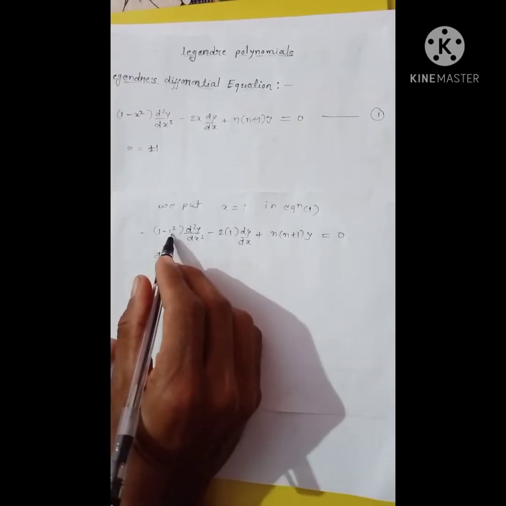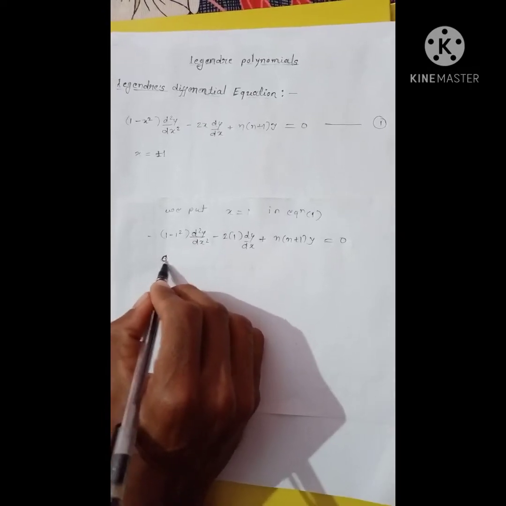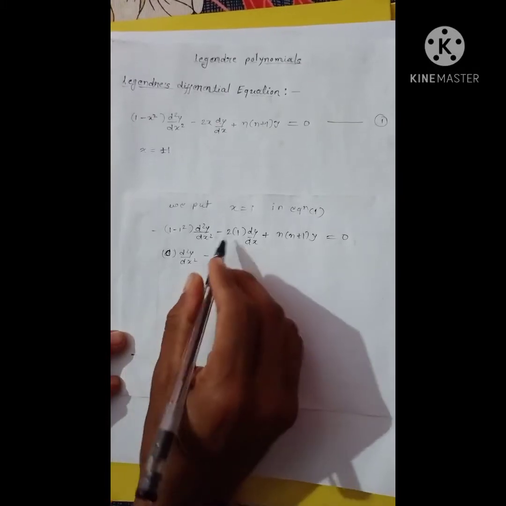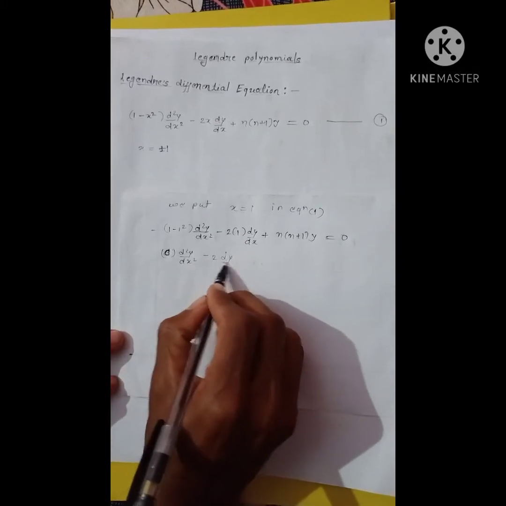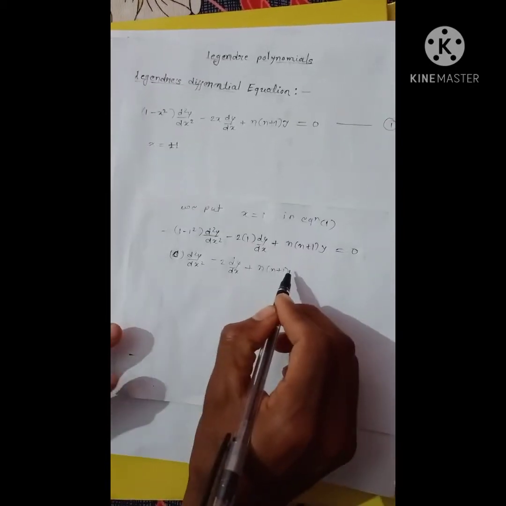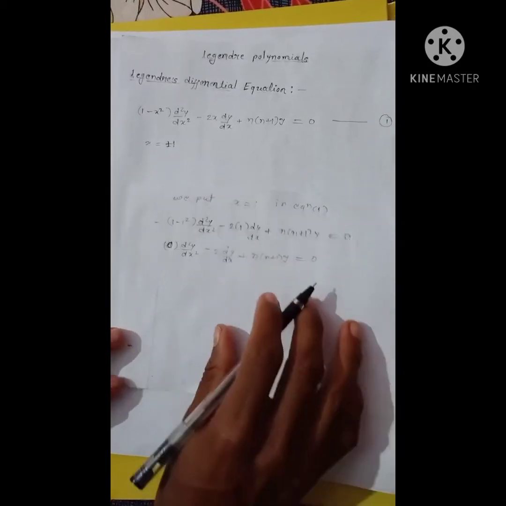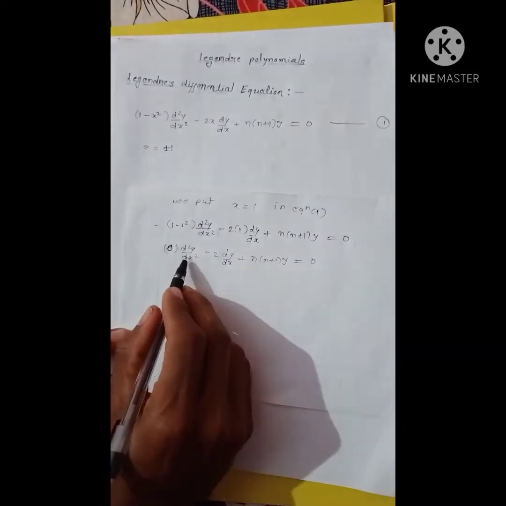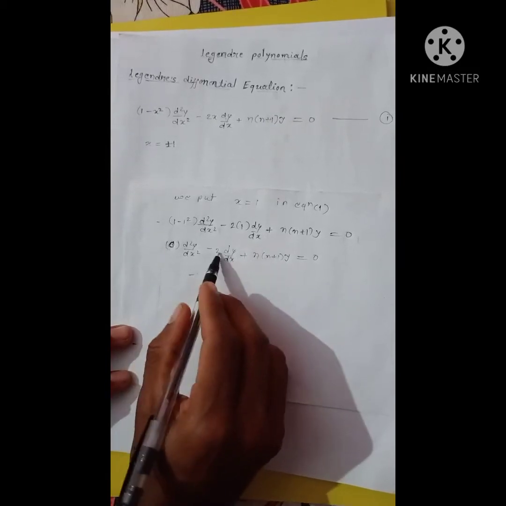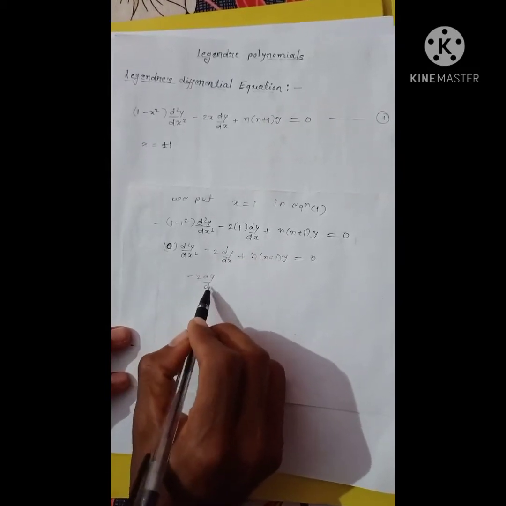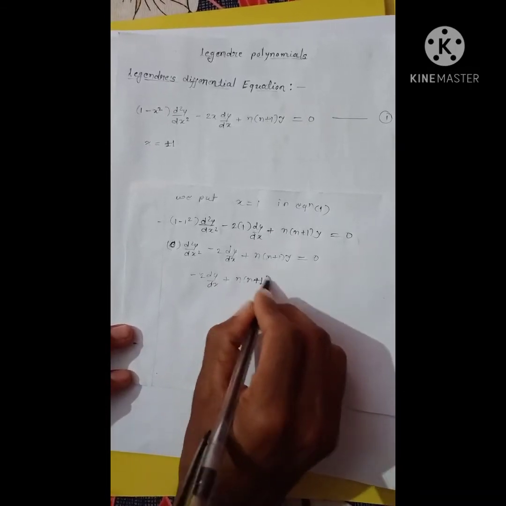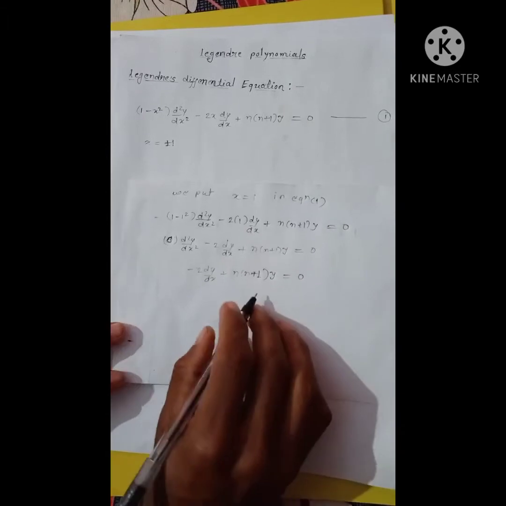So 1 minus 1 square will become 0, and 0 into d square y by dx square becomes 0, and we get minus 2 dy by dx plus n(n plus 1) y is equal to 0.